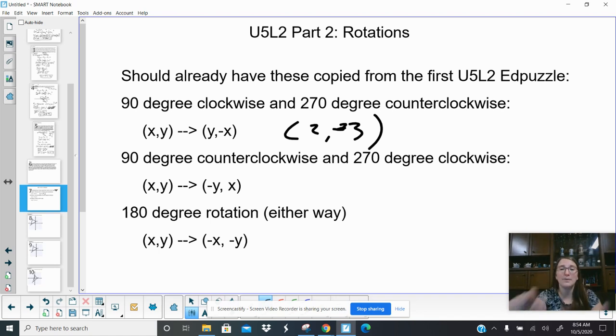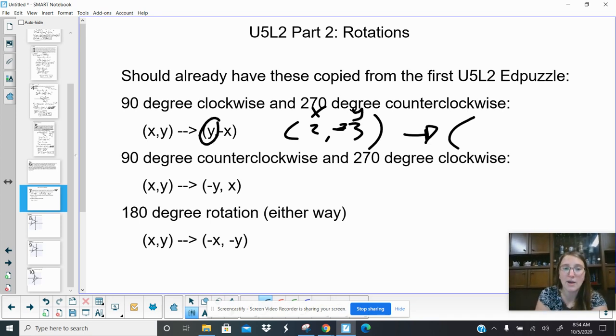What will end up happening to this point, here's my x, here's my y, is that my new point, my y is going to go first. Well, if my y was here as -3, my new point is going to have -3 to start with. And then my second is -x. Well, if my original x was 2, now what's going to go here is a -2.